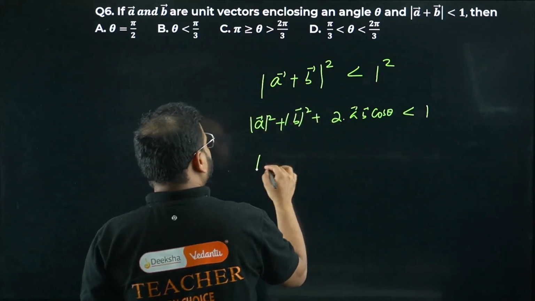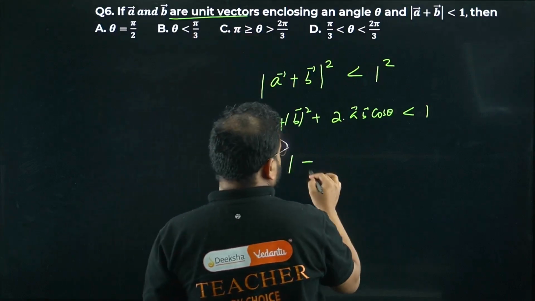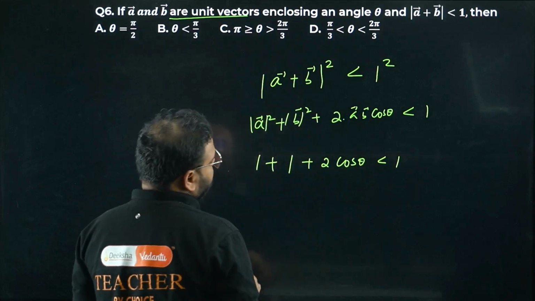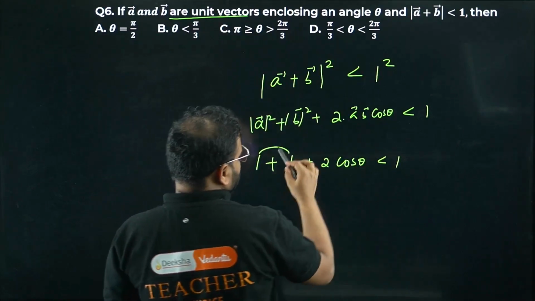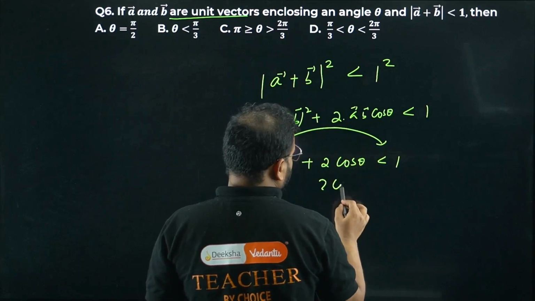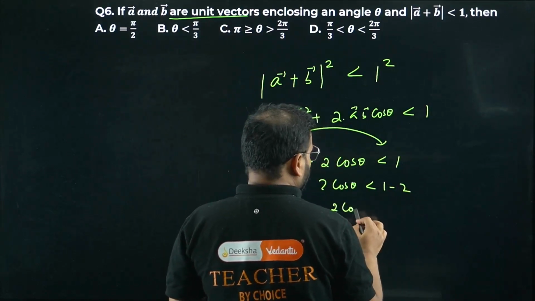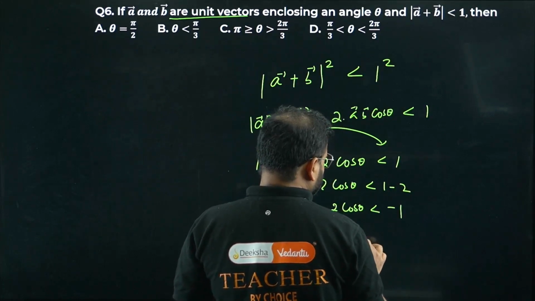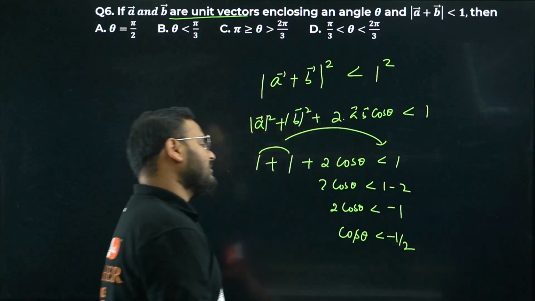I get this as 1 plus 1, because they have given unit vectors, plus 2 cos theta is less than 1. 1 plus 1 is 2, so I can bring this over and it becomes 2 cos theta is less than 1 minus 2. So 2 cos theta is less than minus 1, basically cos theta is less than minus 1 by 2.